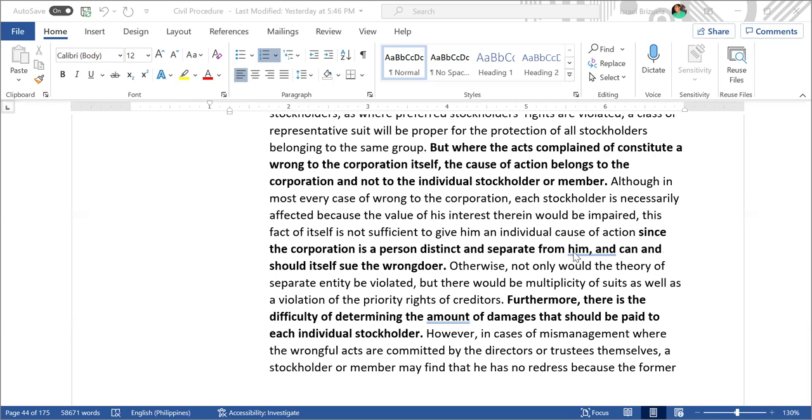Furthermore, there is the difficulty of determining the amount of damages that should be paid to each individual stockholder.